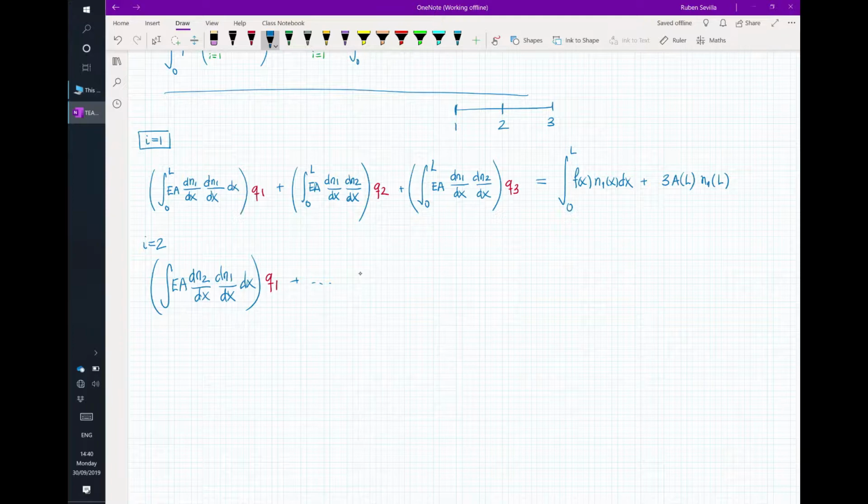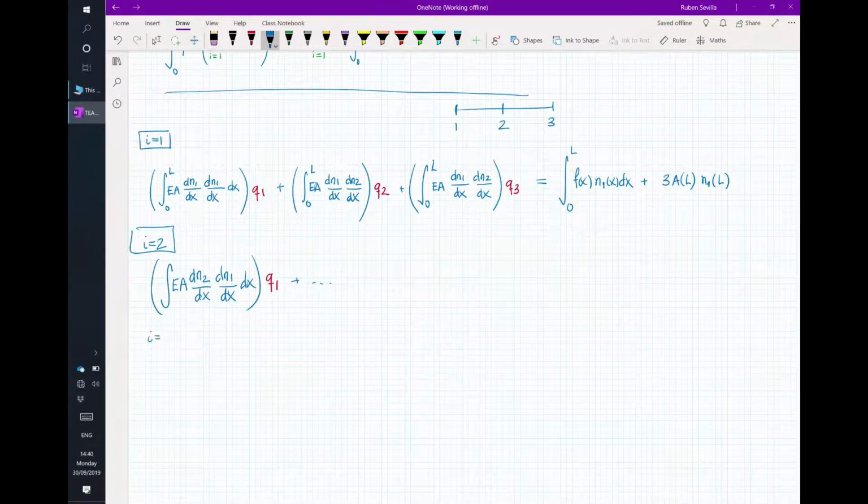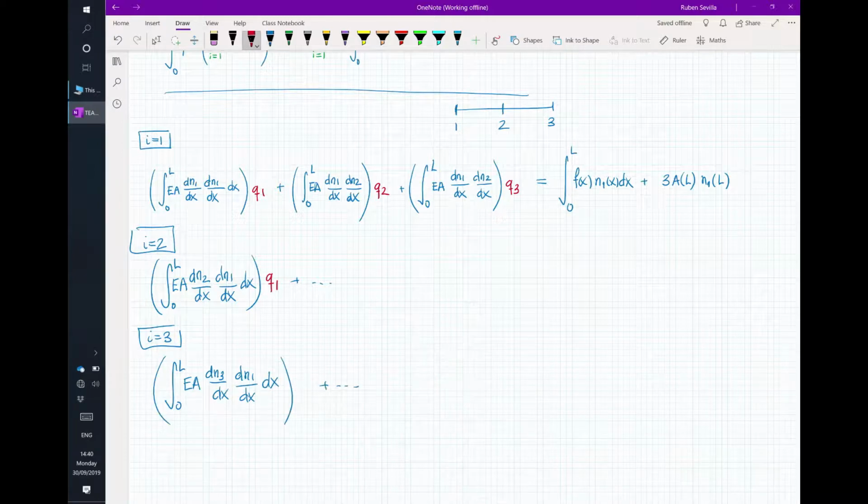Now, what we have is 3 equations with 3 unknowns. I can write the last one, the first term at least. 3 equations, 3 unknowns. The 3 unknowns being the displacement at each one of the points of my mesh, right?